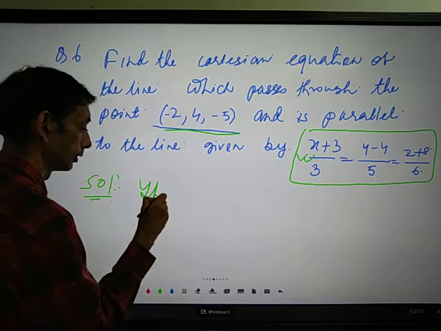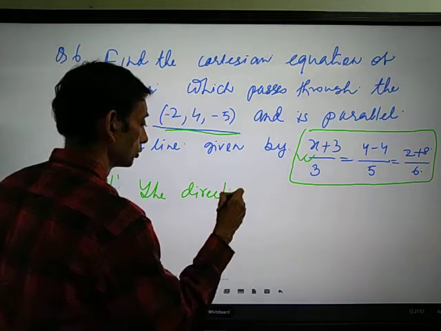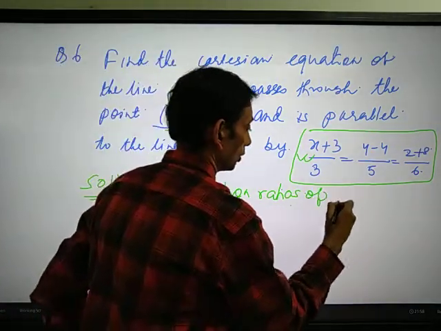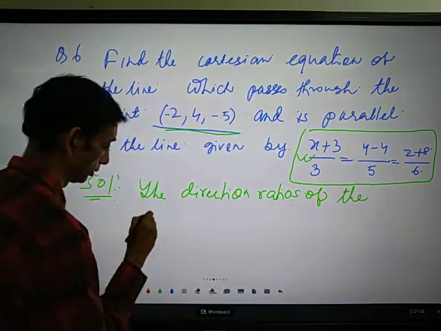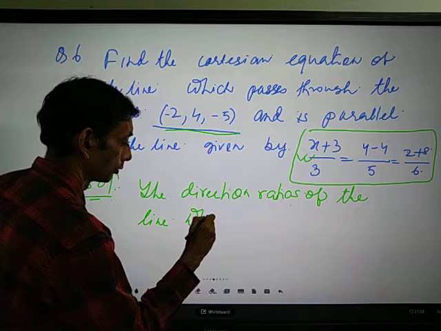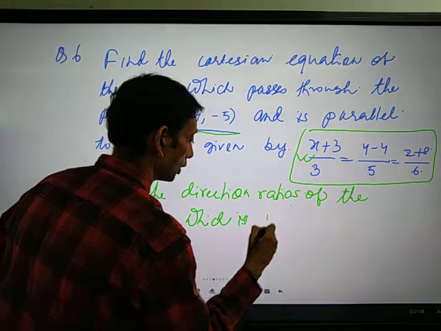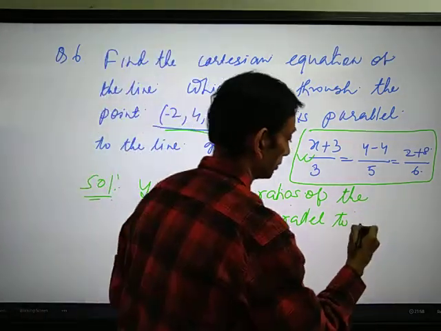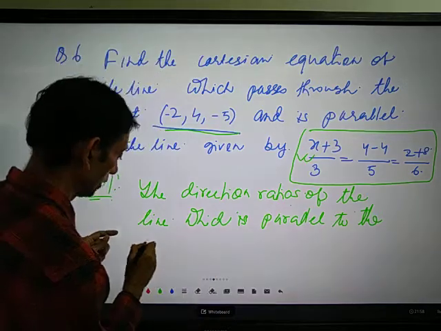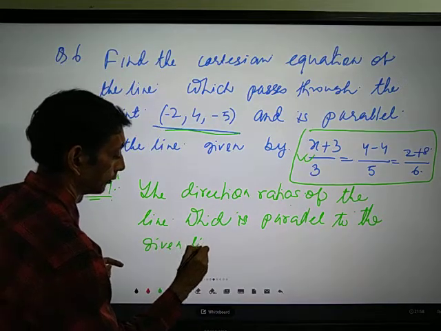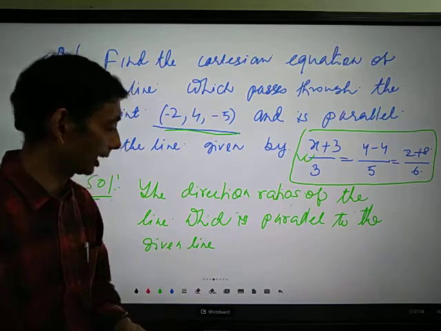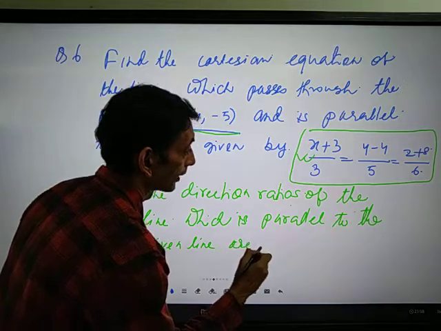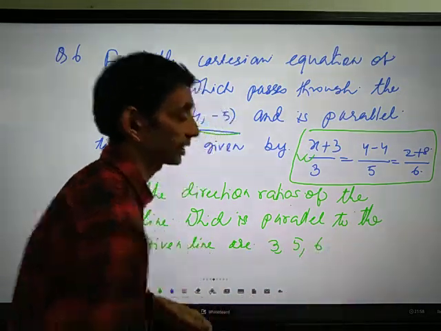The direction ratios of the line which is parallel to the given line are 3, 5, 6.